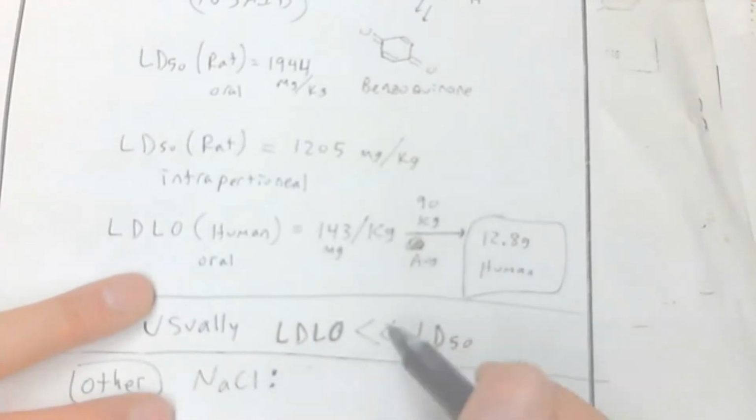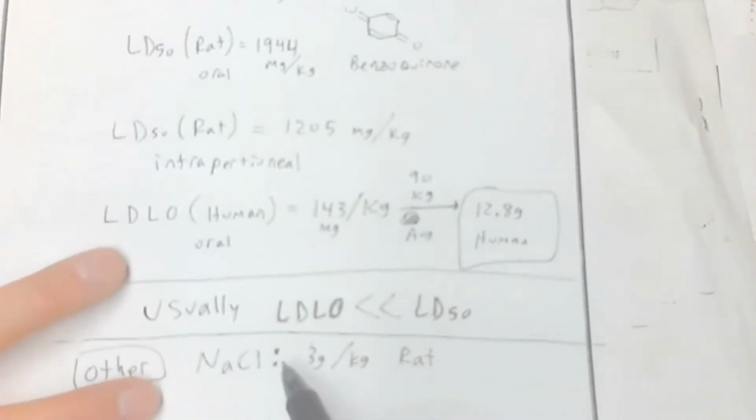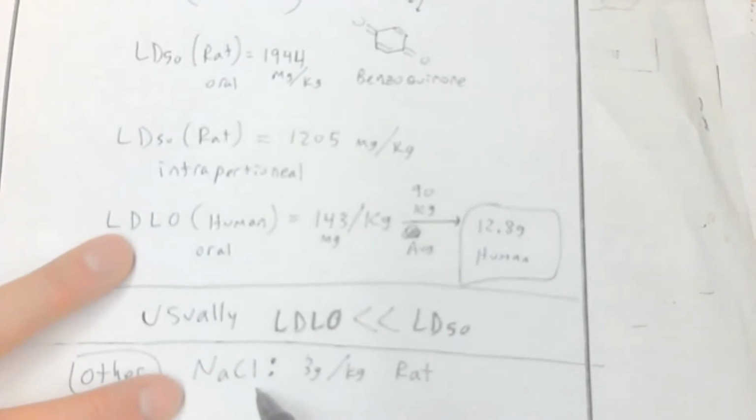And that might be a good measure of how toxic Tylenol really is, right? So sodium chloride is about 3 grams per kilogram LD50 in a rat. And if we consider sodium chloride as not being very toxic, right? We usually don't think of sodium chloride as a very toxic substance.